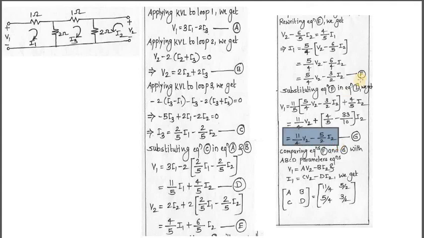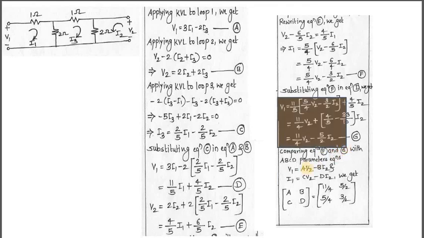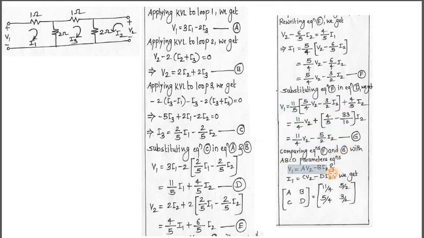If we compare equations F and G with the ABCD parameters equations, which are V1 equal to AV2 minus BI2 and I1 equal to CV2 minus DI2, in that case, this is what is representing V1 equal to AV2 minus BI2.